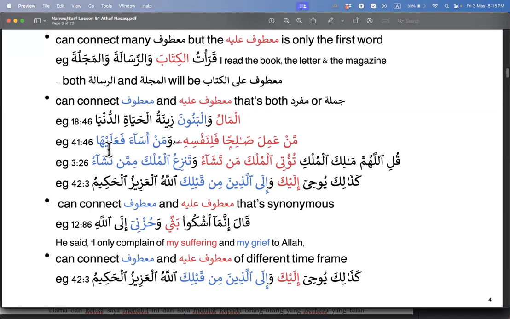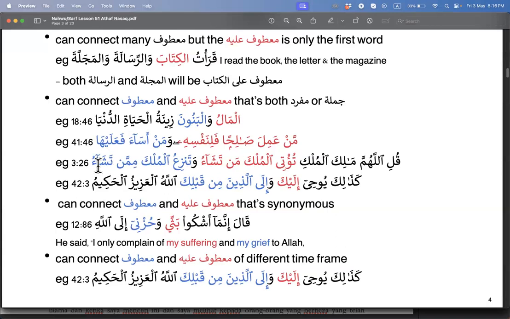And then you have here, tu'til mulka man tasha. What kind of jumlah do we have? Jumlah ismiyah? Are you sure? No, from the fi'liyah, tu'ti, not from here. Yes, this red part is jumlah fi'liyah. And then again we have tanzi'u, of course fi'il mudhari', same.